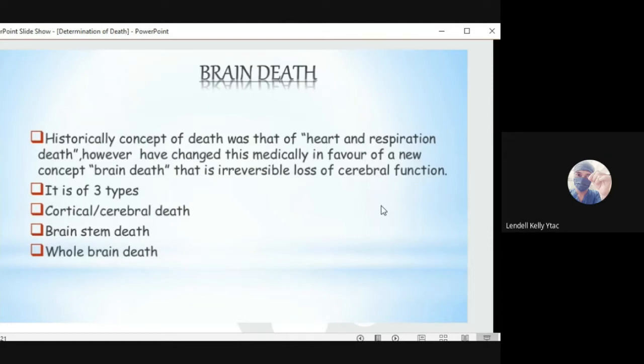Then we also have the brain stem. Who could give some important functions of our brainstem? What is the important function of our brainstem? Can someone remember one of its functions?